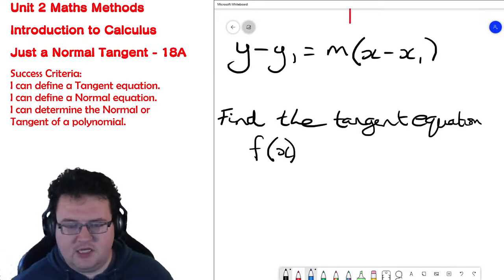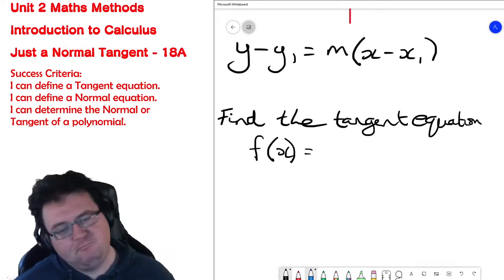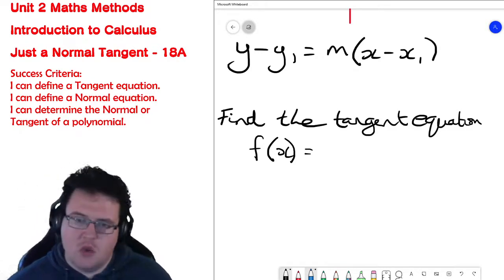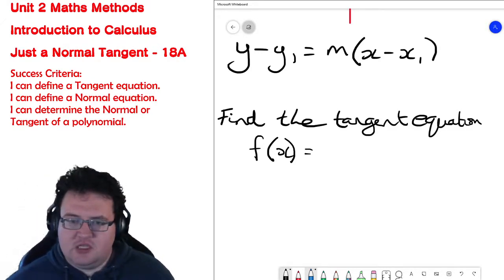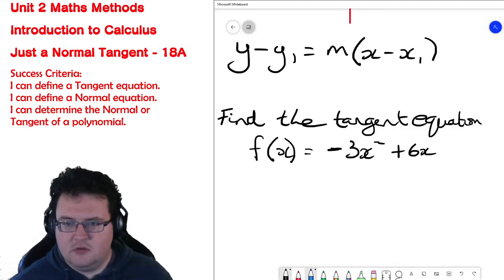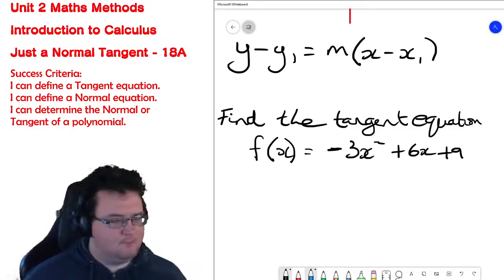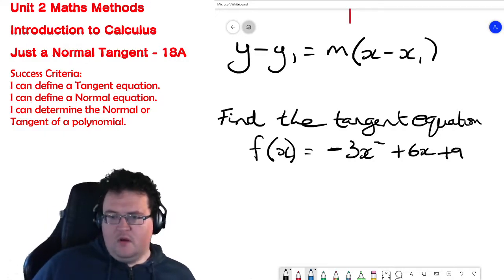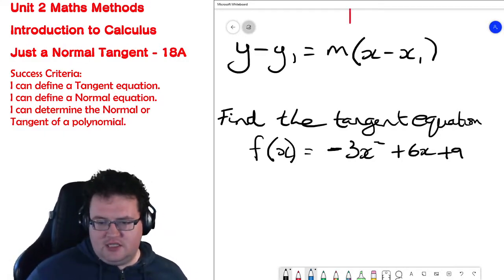f(x) is equal to, let's do a negative parabola. So let's do negative 3x squared plus 6x plus 9. All right. Oh, actually, no. Let's be a bit saucy and do a plus 8.